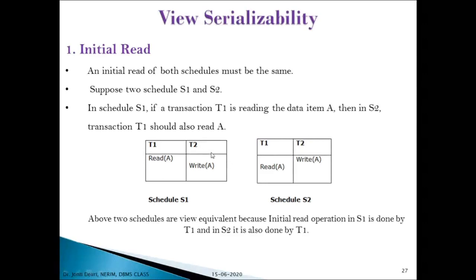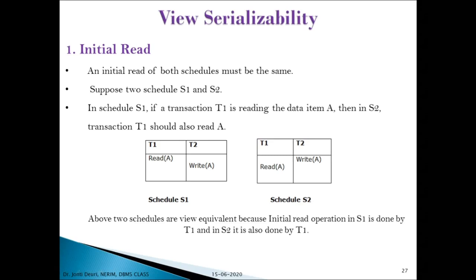That means the schedules cannot change the operations; they have to do the same operation. So the above two schedules are view equivalent because the initial read operation in S1 is done by T1, and in S2 it is also done by T1. In both schedules the read operation is done by T1.